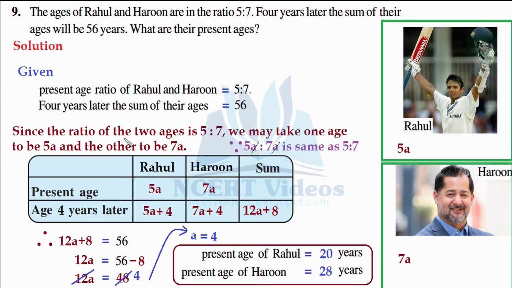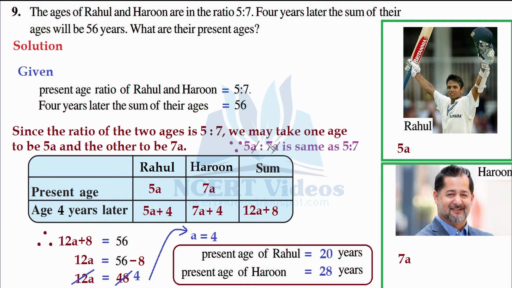So we can write something like this. Since the ratio of the ages is 5:7, we may take one age to be 5A, that is, 5 times A, and the other to be 7 times A. And what concept of ratio allows us to do this? This is because of the science of mathematics, and we are writing the reason because it is best practice to write the reason for whatever you are writing in mathematics. 5 times A ratio 7 times A. This common factor can be eliminated because it keeps the ratio balanced.